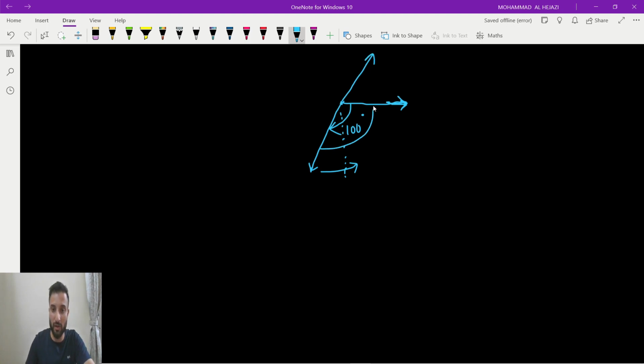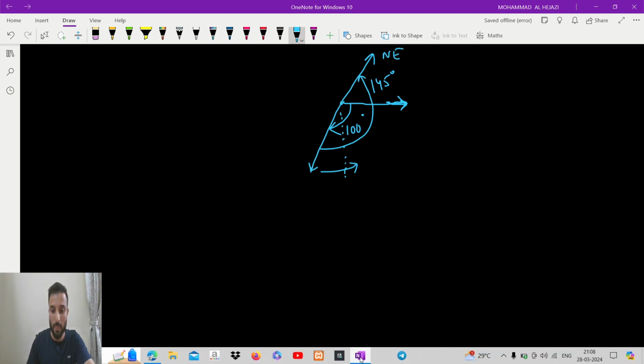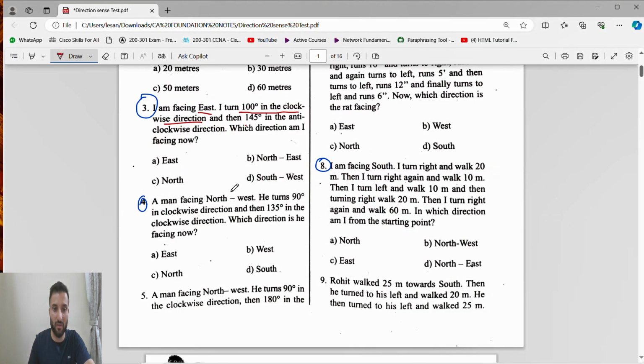So this is 100 and this is 145 degree. Correct? So what is this? This is northeast. Okay. So they have asked which direction am I facing? Northeast. Okay.